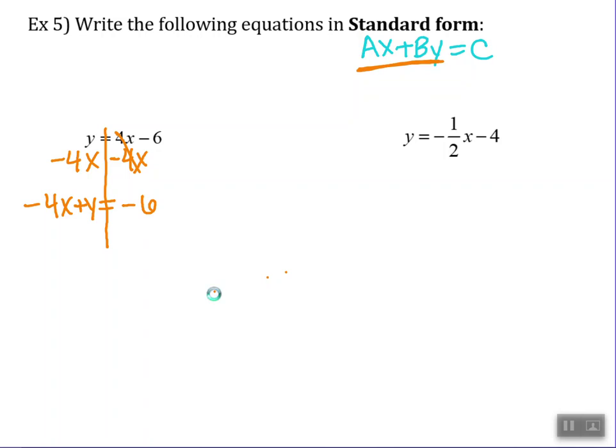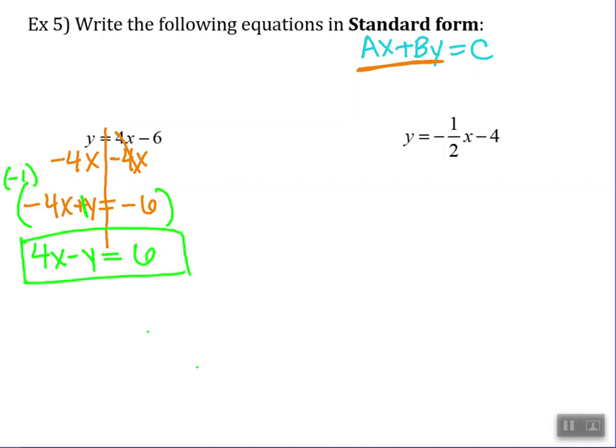Now, we could be done, except we really don't like to have a negative a. So what we're going to do is multiply the whole thing by negative 1. When I do that, I'm going to multiply every term by negative 1. All that does is change all the signs. Negative 1 times negative 4 becomes a positive 4x. Negative 1 times this plus 1y becomes minus 1y is equal to a negative 6 times a negative 1 becomes a positive 6.